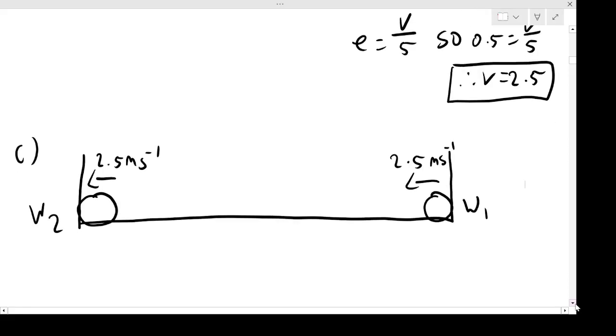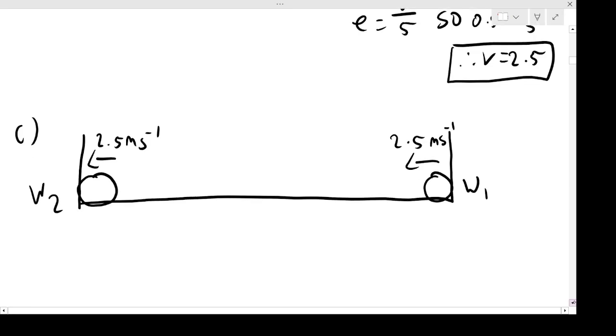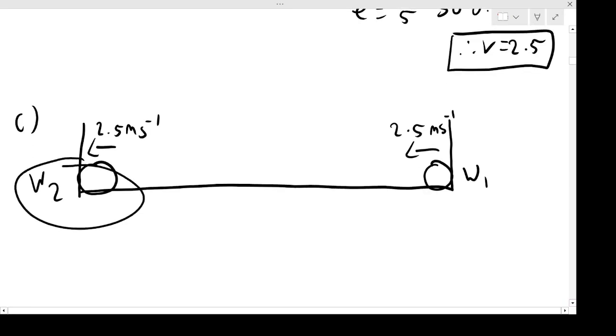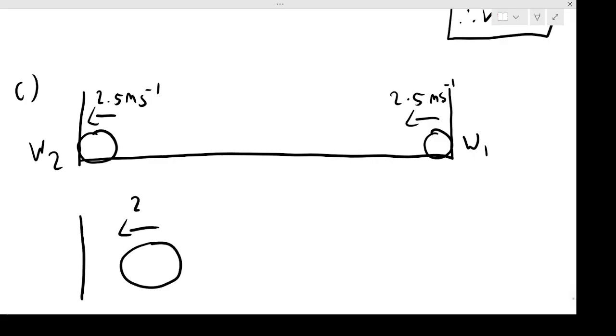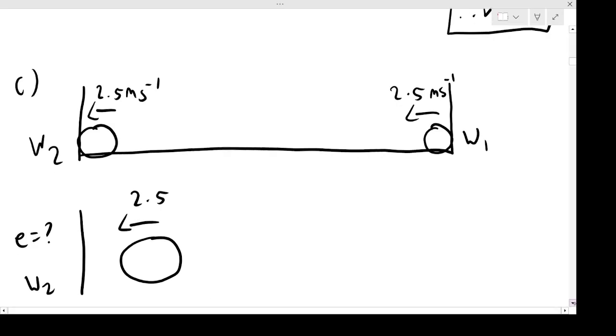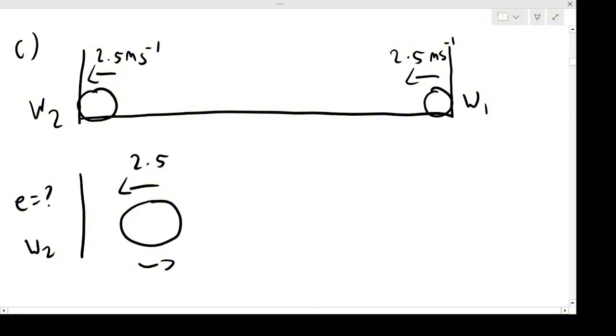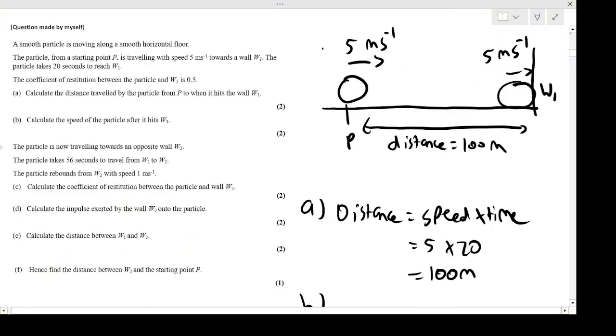Anyway, now it wants me to work out the coefficient of restitution between the ball and the second wall. Well, as you can see, it's going to hit wall 2. So if I consider that impact, the particle is going to go towards the wall with speed 2.5, and then it's going to rebound off the wall. We're told in the question that the ball rebounds from wall 2 with speed 1.